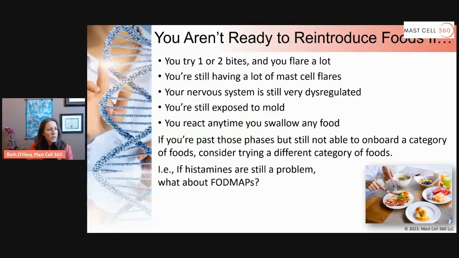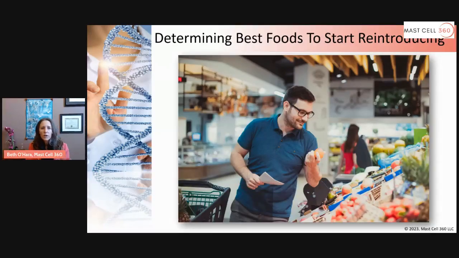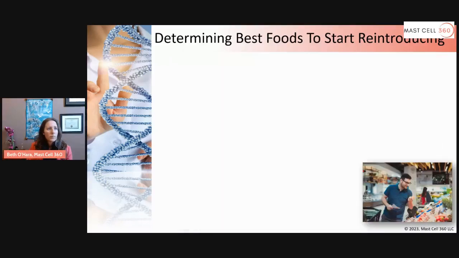So let's look at some examples and some actual process on how to determine foods you can start reintroducing. So one, it really depends on your sensitivities. Some people come into our clinic and they're like me and they have been reacting to everything. They're down to 10 foods. They're really struggling to eat. So they may have a lot of different food intolerances.